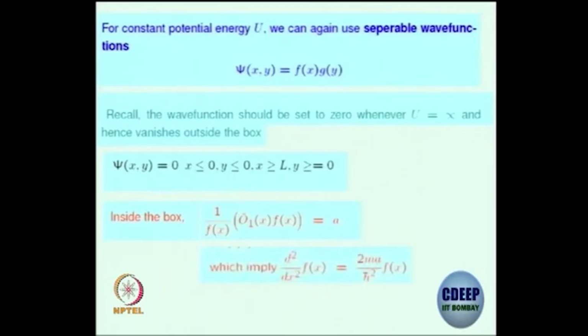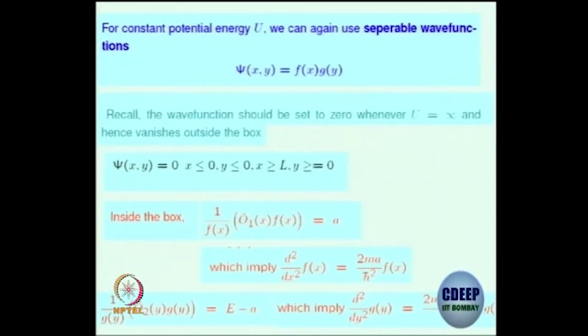So d squared f by dx squared is 2mA by h cross squared. Call this your k squared. Here just for simplicity we will call it kx squared if you want. And similarly you have the other equation. It's not equal to A but it is E minus A. Is that fine?